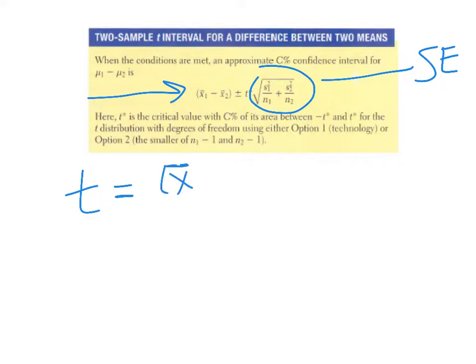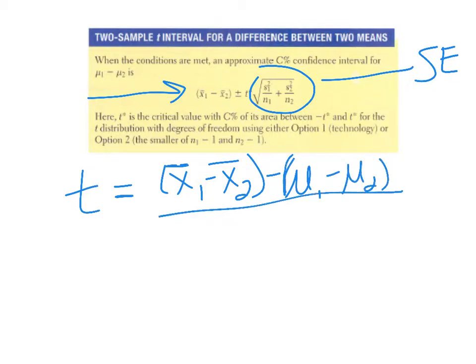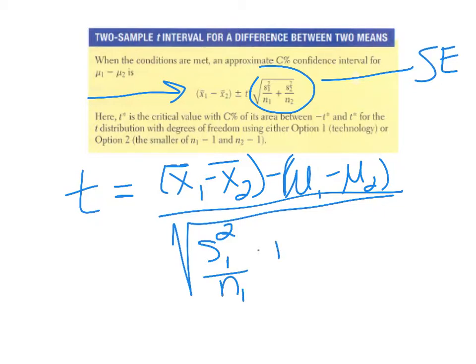Remember, this is our statistic minus our parameter over, and we'll put that standard error in there: the standard deviation of the first sample squared divided by the sample size plus the standard deviation of the second sample squared divided by that second sample size.